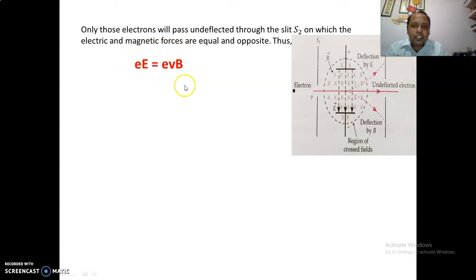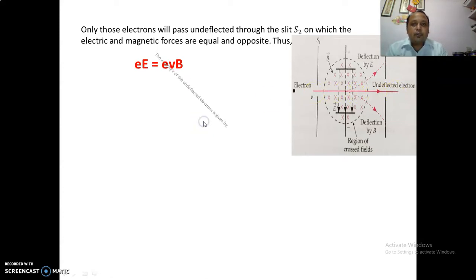Now we are considering these two forces to be equal for a particular velocity of the electron, which will move in a straight line, enter the slit S1 horizontally, and come out of the slit S2.